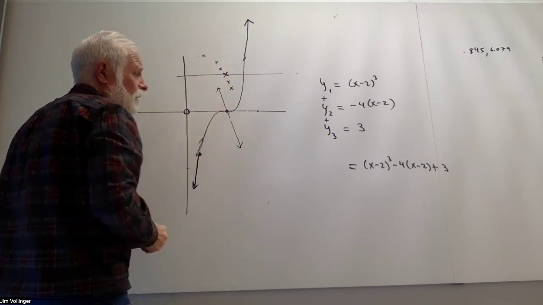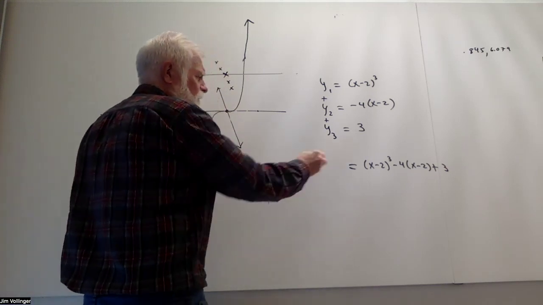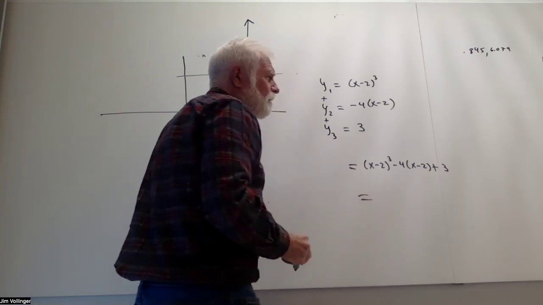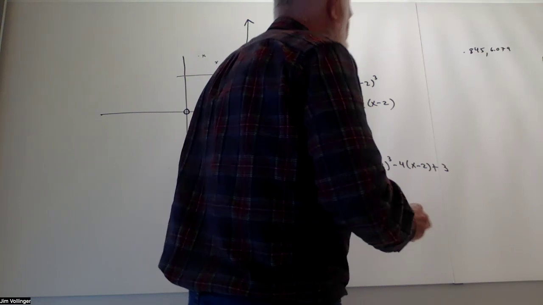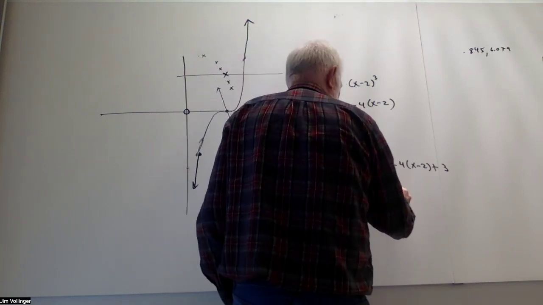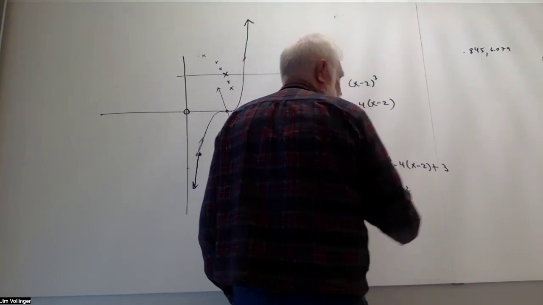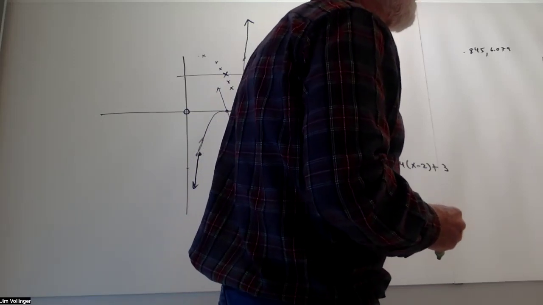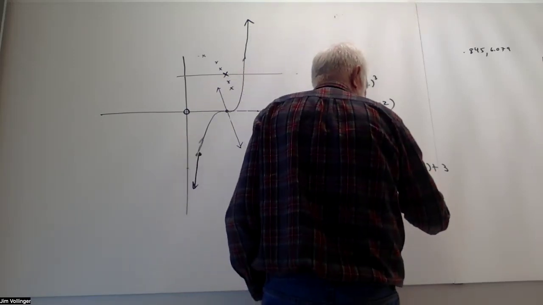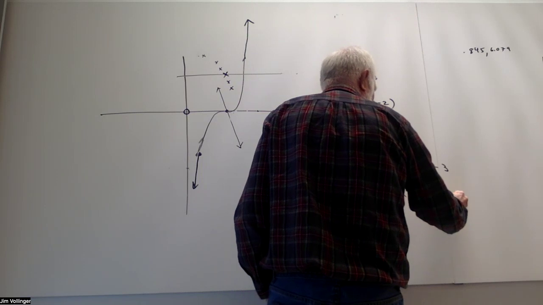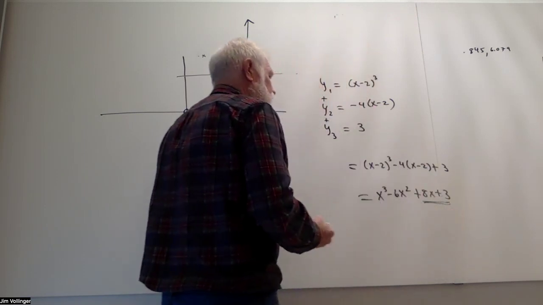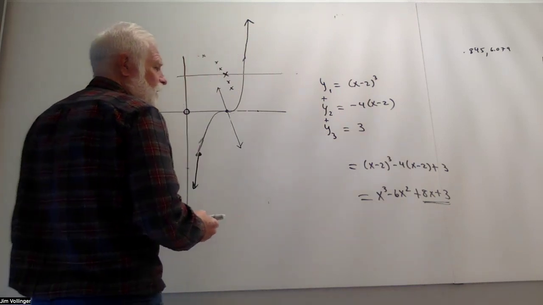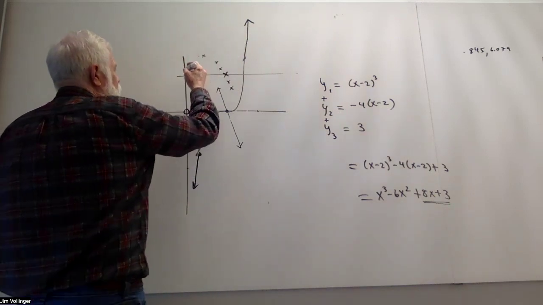And we also know that if you put a 0 in, because if you multiply this out, and I did, it becomes x cubed - 6x squared + 8x + 3. And the first thing we notice is 8x + 3: the slope of the tangent is 8, and the y-intercept is 3.